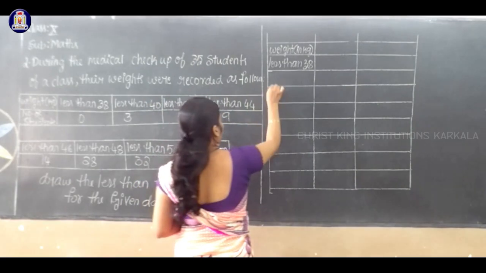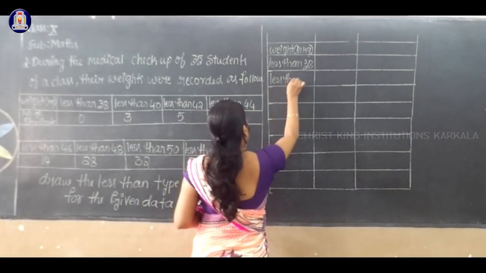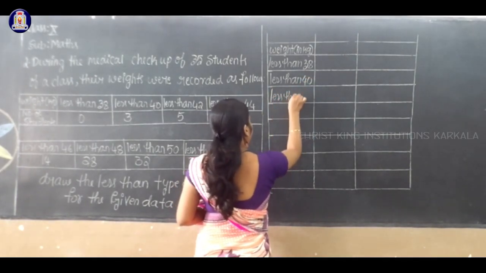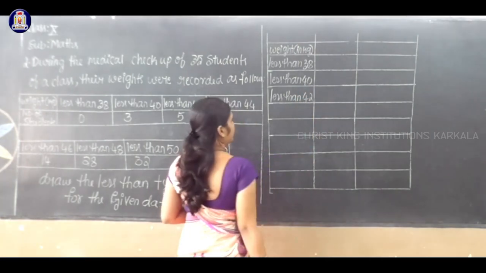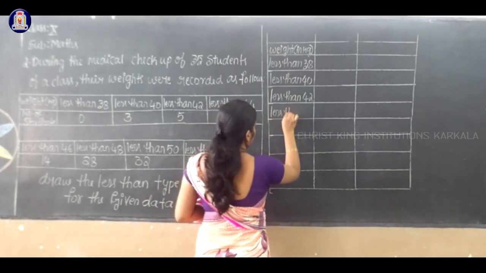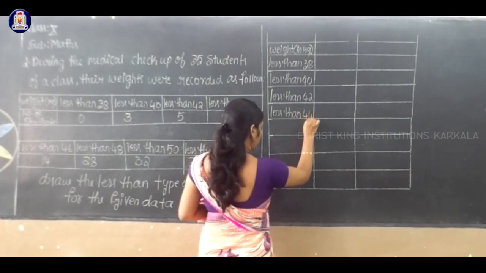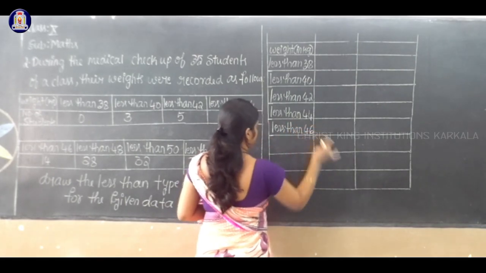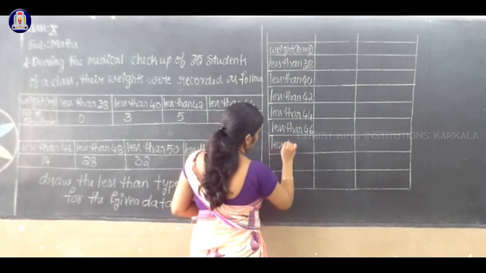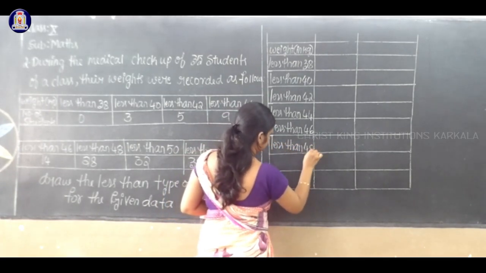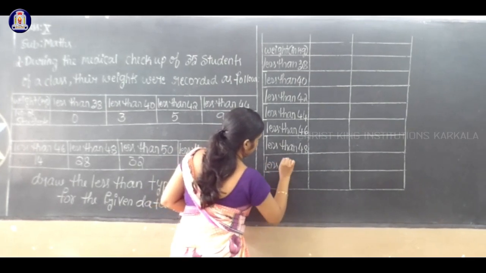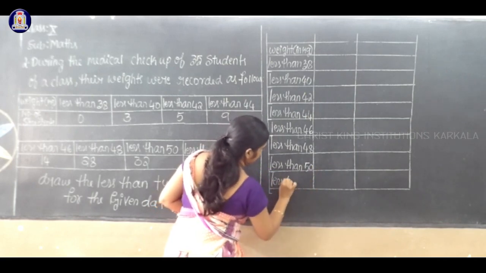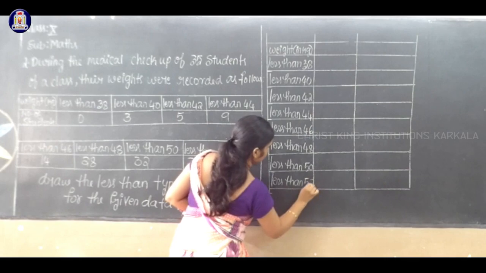Next, less than 40, less than 42, less than 44, less than 46, less than 48, less than 50, and less than 52.